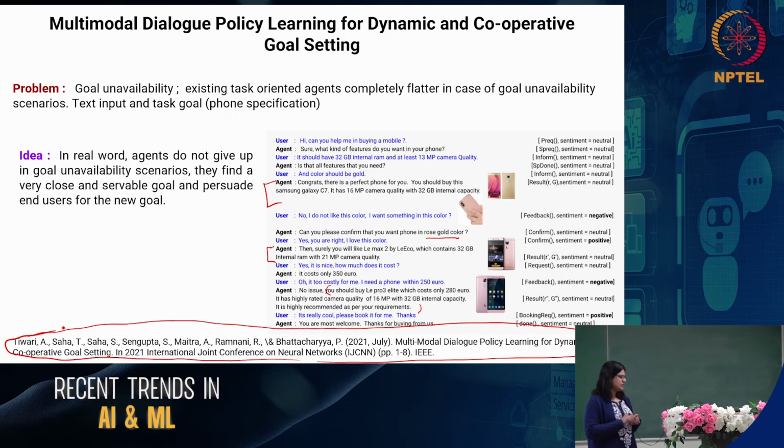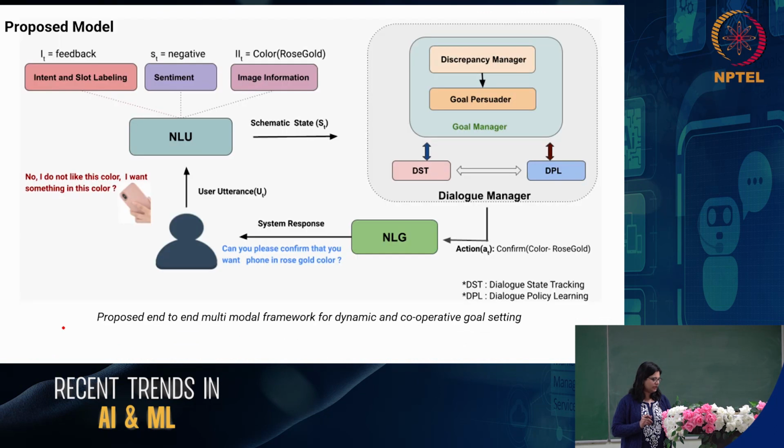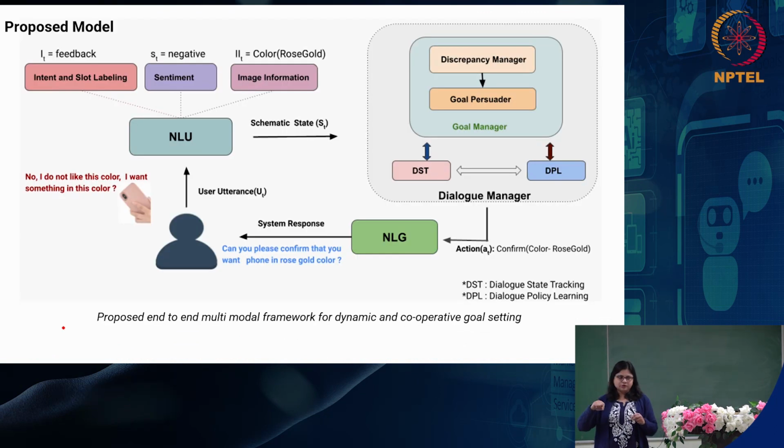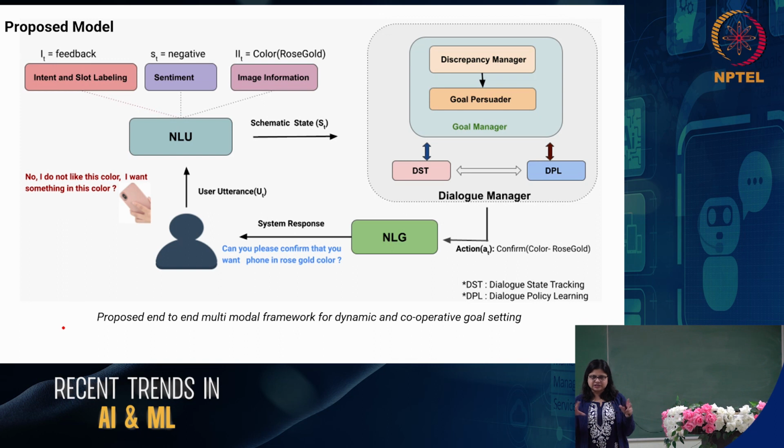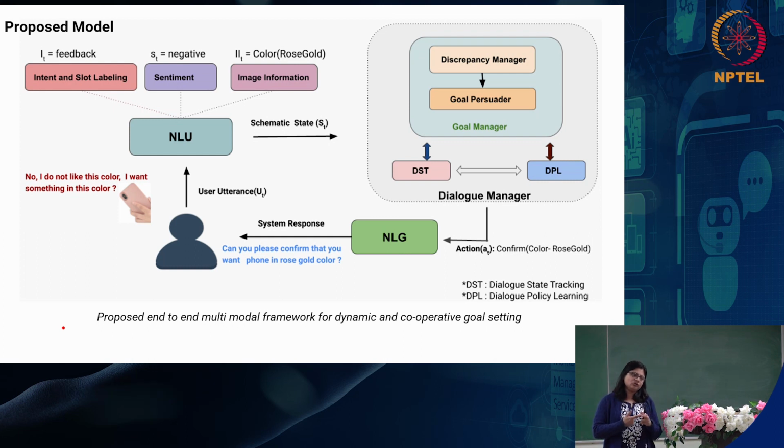This dialogue manager is capable of handling many things. There is the image part, where it can extract features from the image. Then there is dynamic goal change, where it decides when to change the goal. And as I mentioned, persuasion, where it has to persuade the user to buy some alternative product.